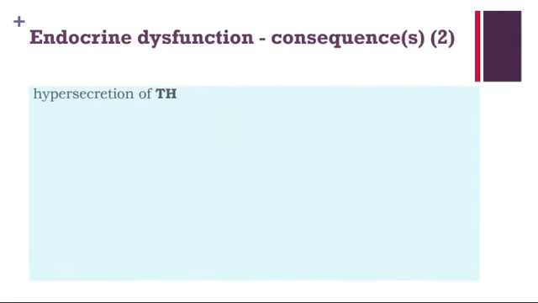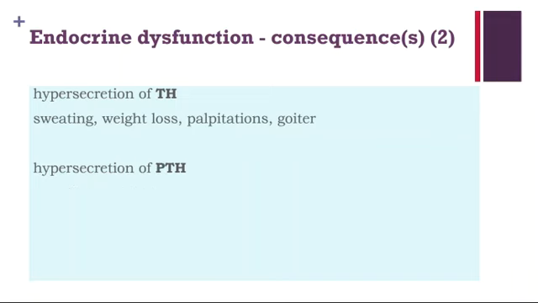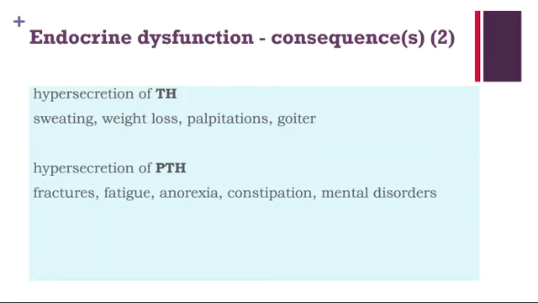The symptoms of a hypersecretion of TH are sweating, weight loss, palpitations, and a goiter. A hypersecretion of PTH usually causes fractures, fatigue, anorexia, constipation, and mental disorders.